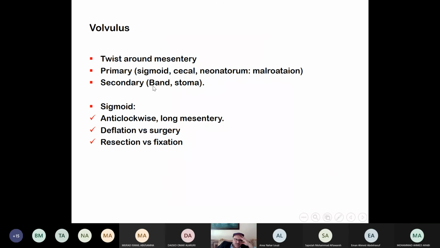Volvulus, it is a twist. The commonest site is the sigmoid, where there is anti-clockwise rotation against a long, narrow mesentery.